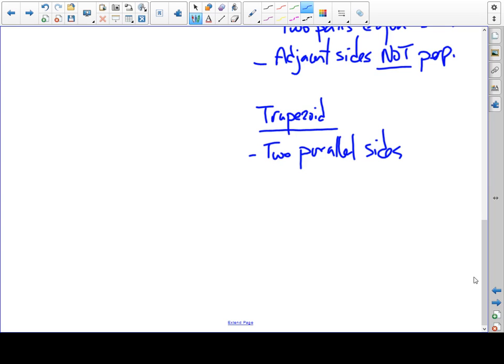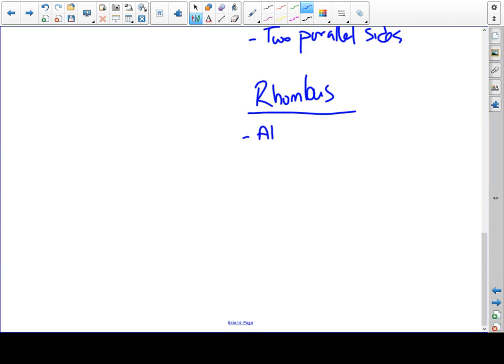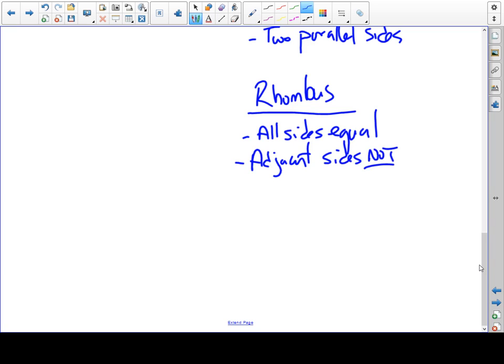Now, the last thing we want to talk about is a rhombus. The rhombus is to a square like a parallelogram is to a rectangle. A parallelogram is a rectangle that's just slanted a bit. So a rhombus is like a square that gets slanted a little bit. So a rhombus also has all sides equal, but adjacent sides are not perpendicular.